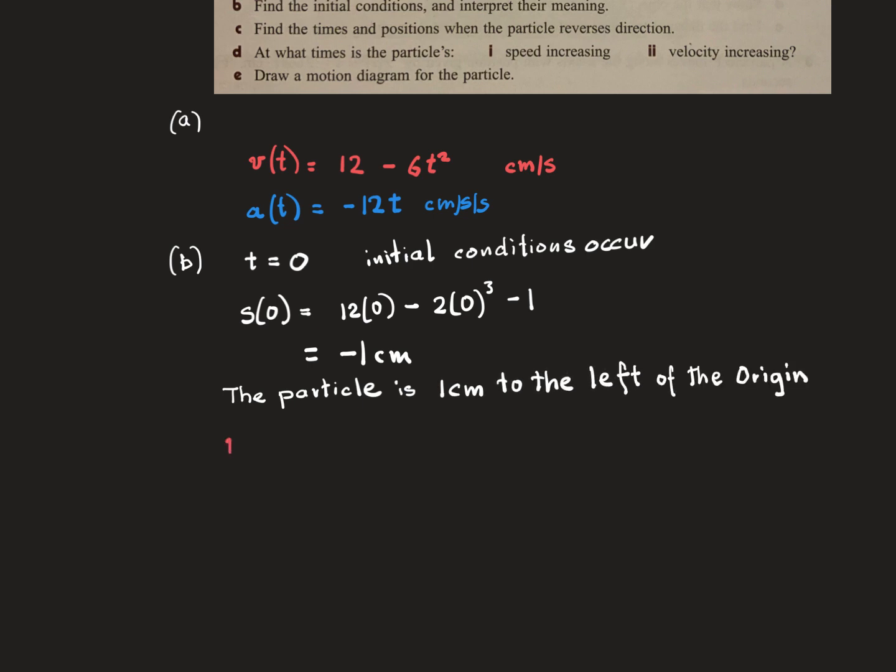Now we look at the conditions of velocity when time is equal to 0. We just substitute the time here for 0 and we'll get a value of 12, in centimeters per second. And we interpret this as saying the particle is moving to the right with a speed of 12 centimeters per second.